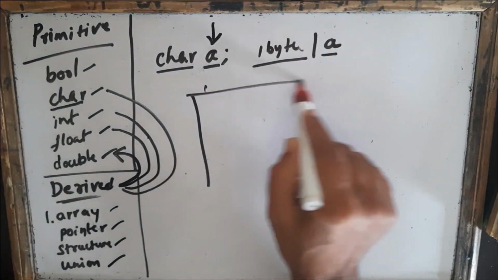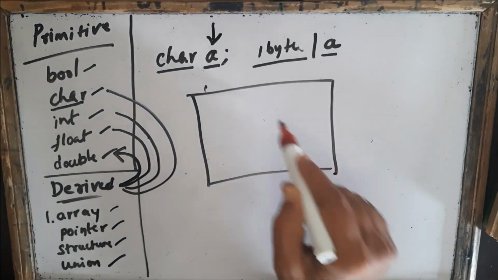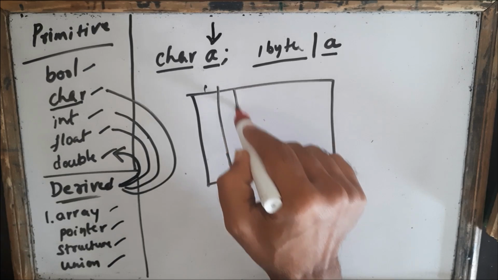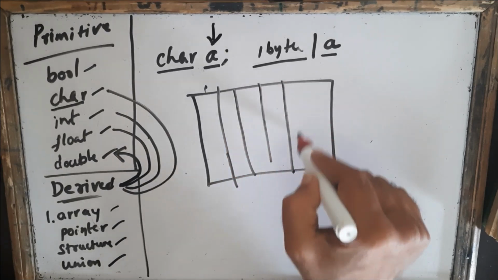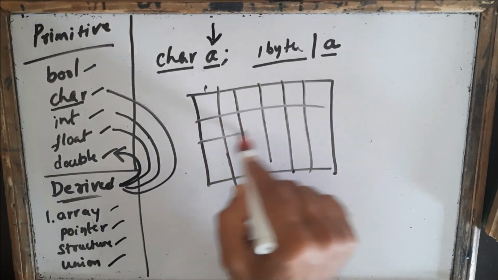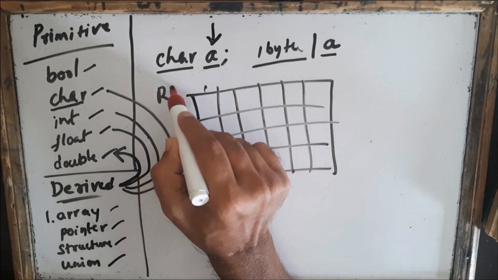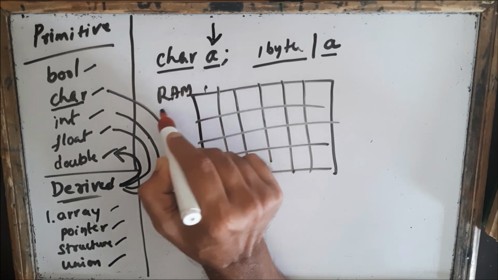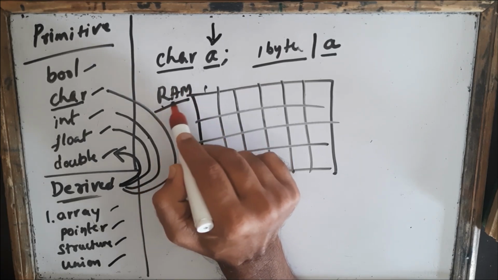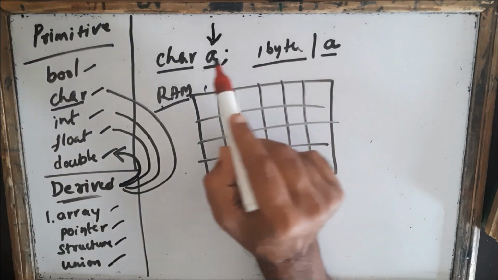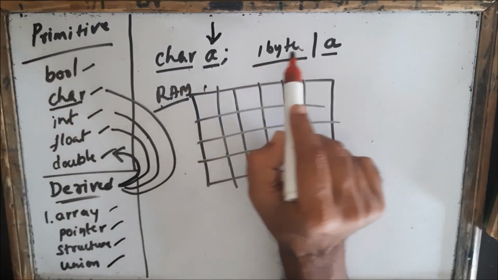This is the memory structure, which we identify as random access memory.